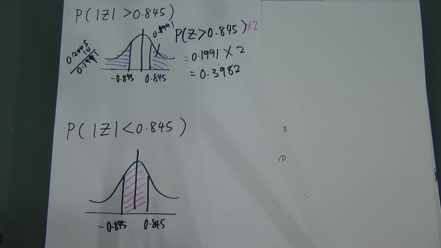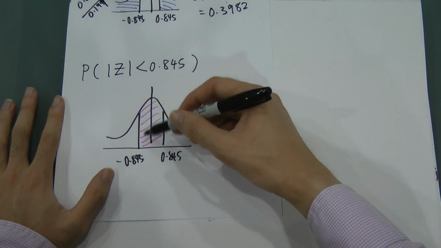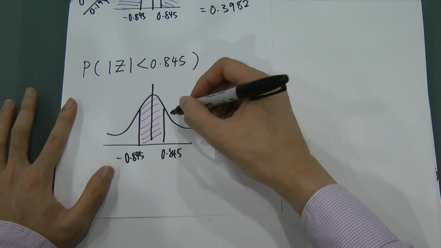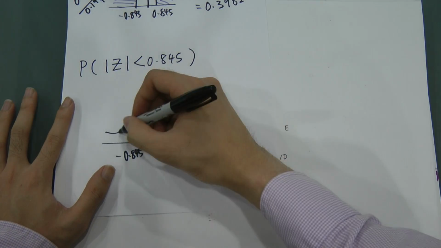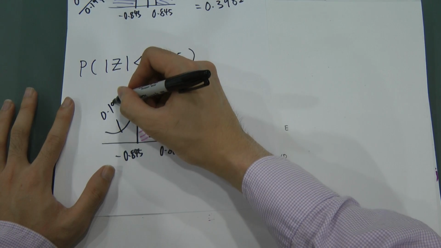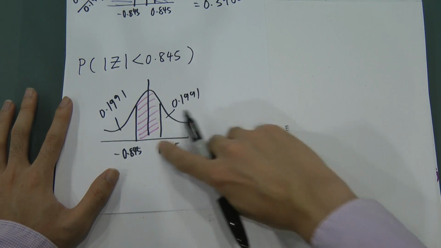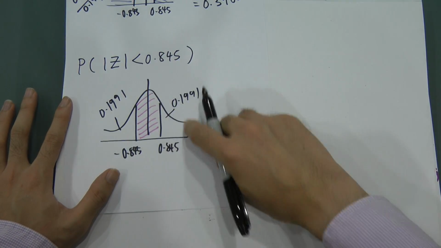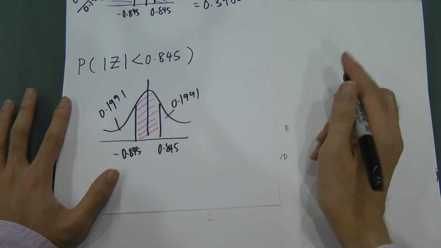Okay, for this one, they are in the middle. So of course we know this area is 0.1991. That means this area is also 0.1991. So the whole thing is 1. Here is 0.5, here is 0.5, so the whole thing is 1. So I just use 1 minus both of these, then I can get the area in between.